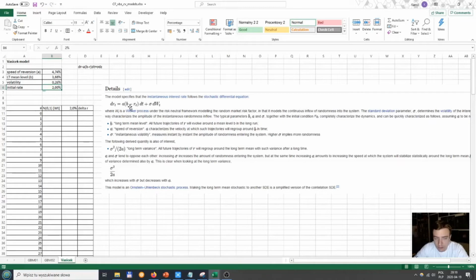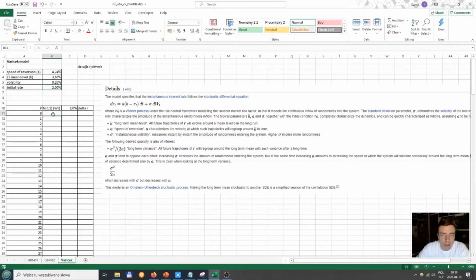So we have this difference, and we will decrease this difference with certain speed of reversion given. So our parameter A is speed of reversion, B is long-term level, R is our current level, and of course we will revert to a long-term level, but there would be some stochastic part around this evolution process.